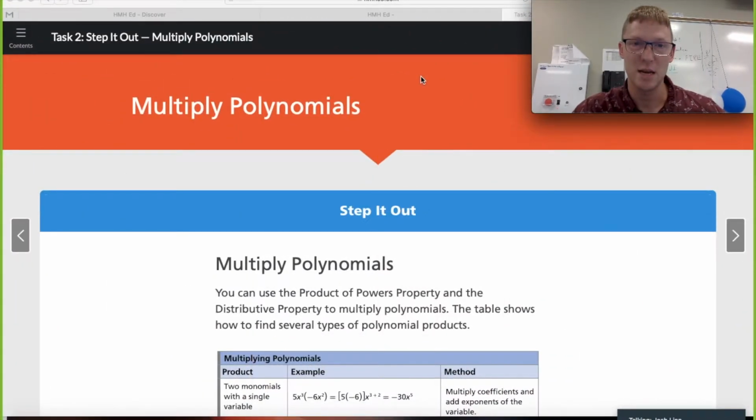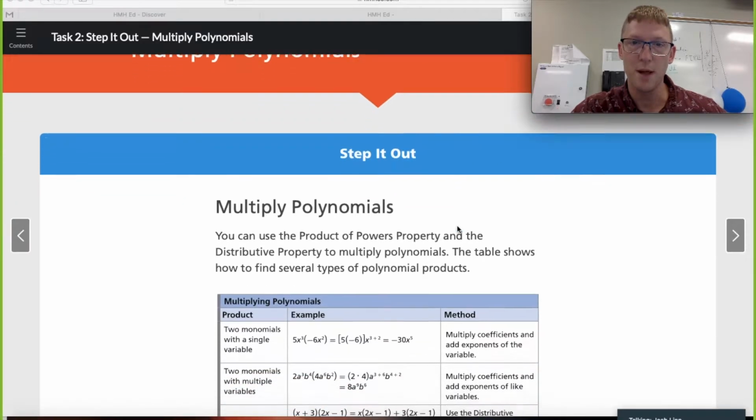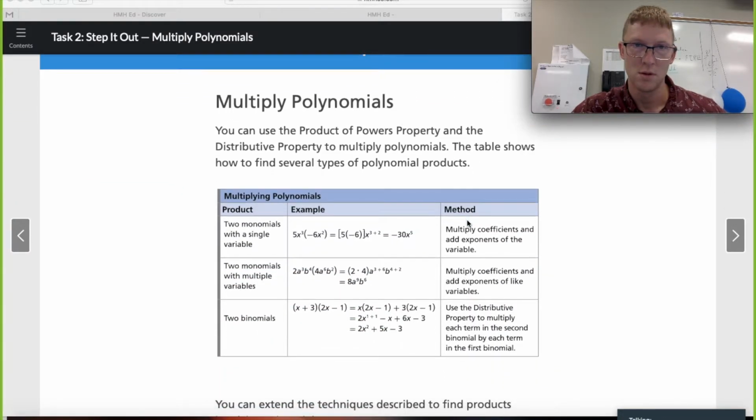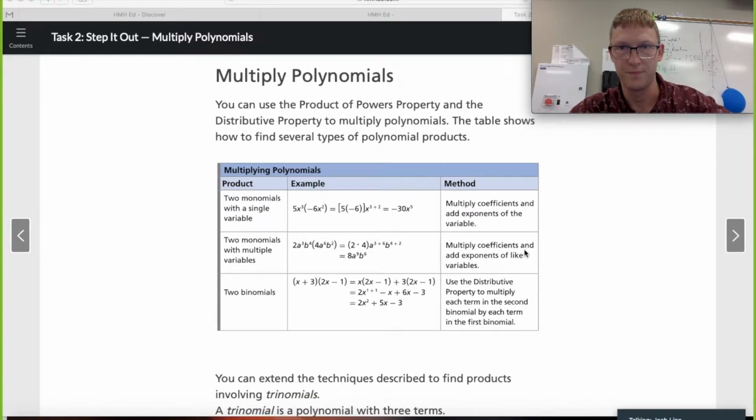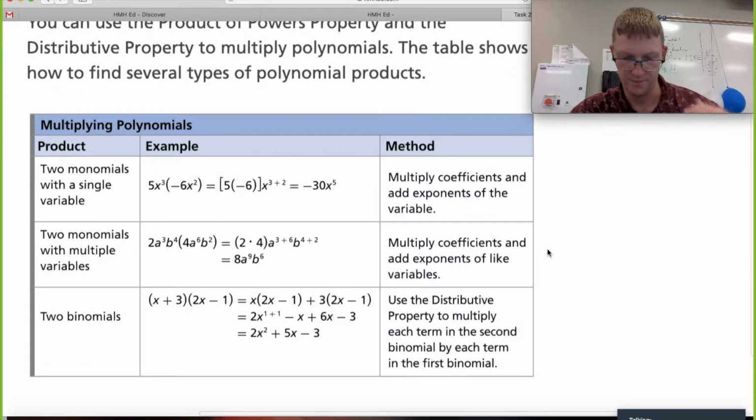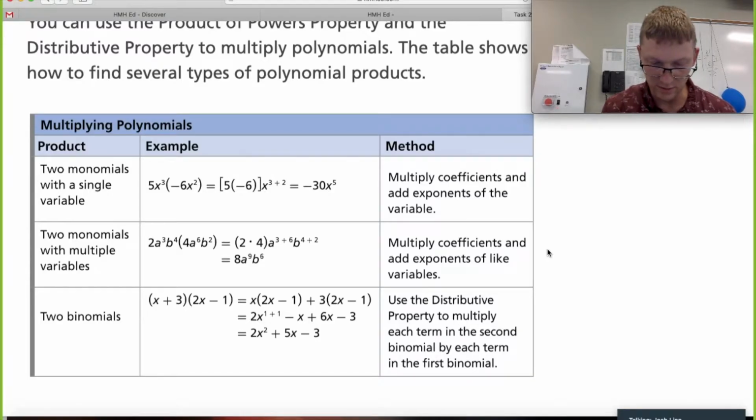All right, let's get into the nitty-gritty. When you multiply polynomials, this chart is how you do it. You've got two monomials. Remember, a monomial is something like this, where you only have the product of a bunch of stuff, no additions or subtractions or anything like that. When you're multiplying these together, if you've taken chemistry or a science class, you probably have seen how to multiply exponents.